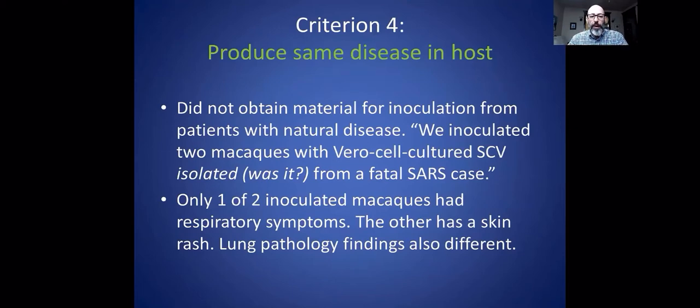However, out of those 2 macaques, and they only did this with 2, only one of them had respiratory symptoms. So in other words, even if you say that they really did inoculate them with something they isolated from a sick person, they didn't cause the same disease in both of the hosts, only in one of them.